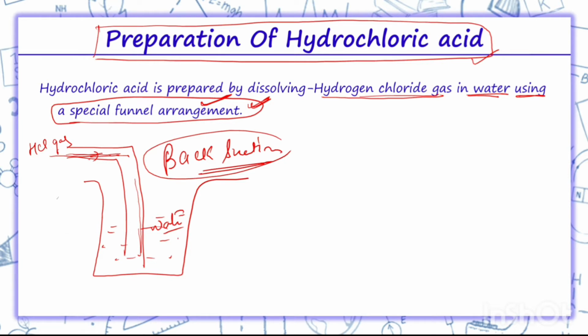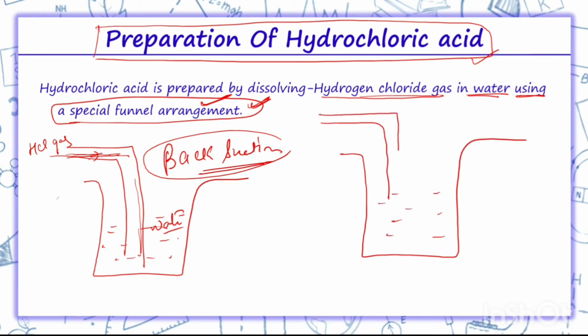So to avoid this back suction, special funnel arrangement is used. Now what is done in a special funnel arrangement? We take a beaker filled with water, but a special funnel, not a delivery tube, is taken, through which HCl gas is passed.